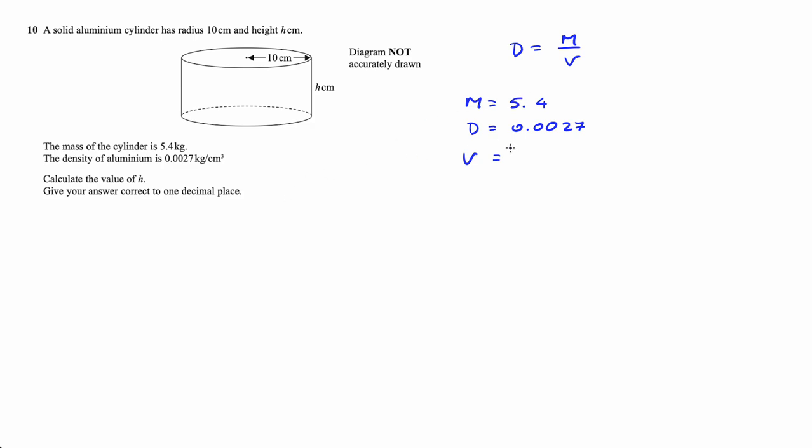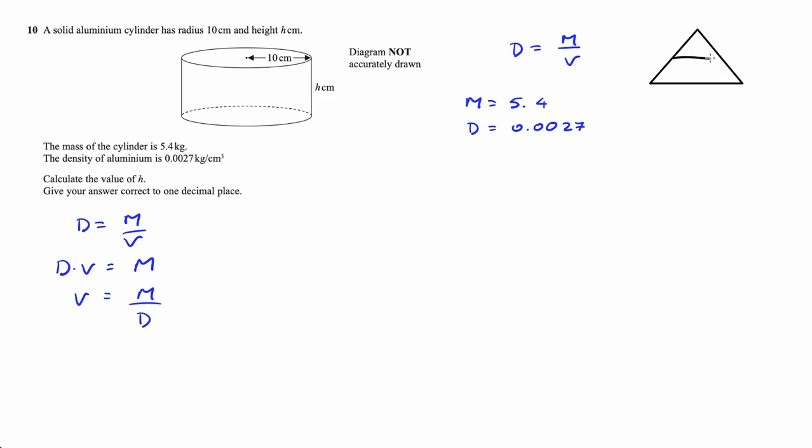Let's rearrange it. Density is mass over volume, so density times volume equals mass, and volume equals mass over density. There is the triangle that you may be familiar with.